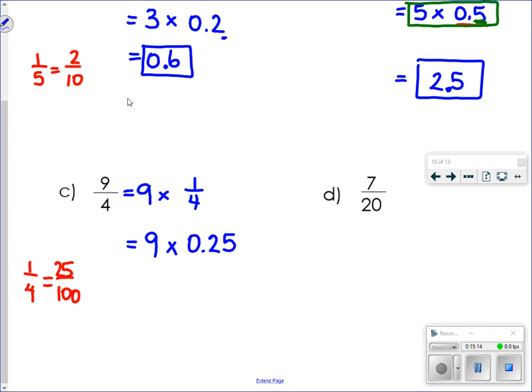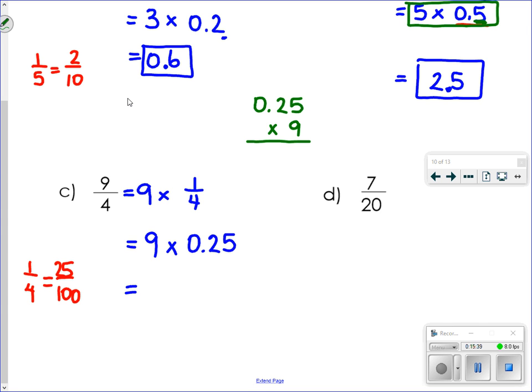25 hundredths. Okay, now I have to multiply 9 times 0.25. Well, good thing I know how to multiply fractions because it's going to come in handy here. 0.25 times 9. Remember, when you multiply, it doesn't matter which order you multiply in. 9 times 0.25 or 0.25 times 9.